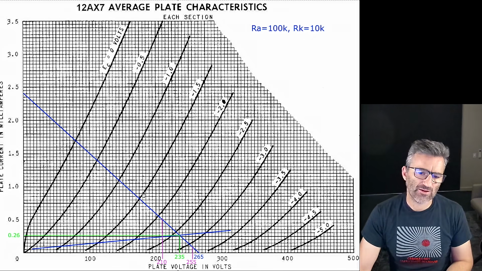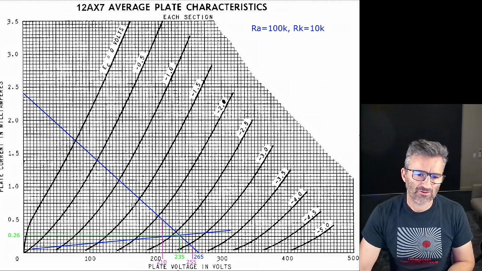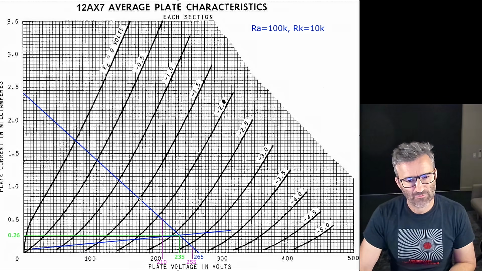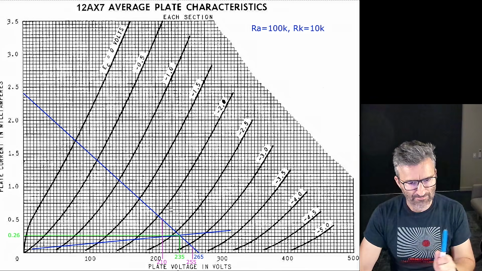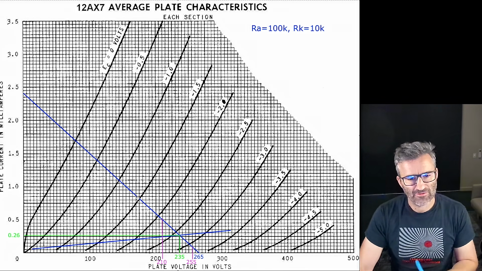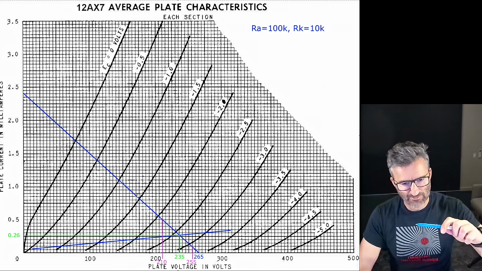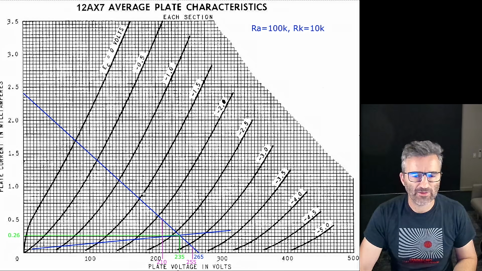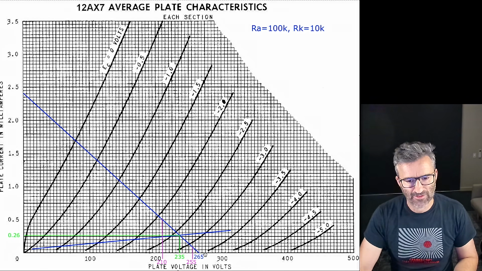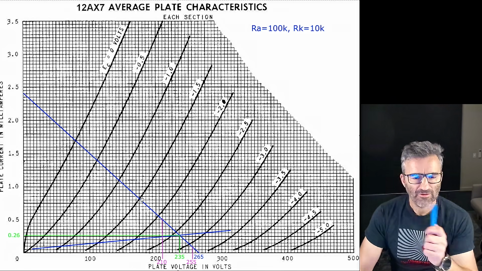And it's pretty symmetrical because you're in the midpoint here in terms of operating point. You're getting symmetrical amplification whether the grid goes positive or negative. It's pretty even in terms of the output. And you've got a lot of headroom here. You've got a long way to move before you're going to get this thing into cutoff either way.